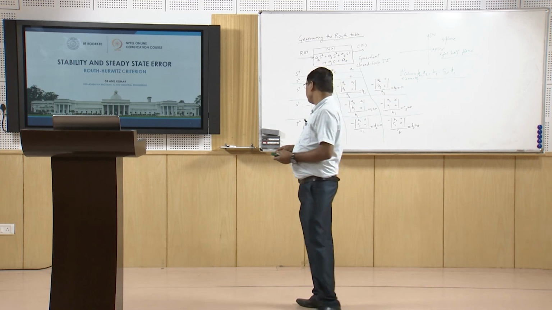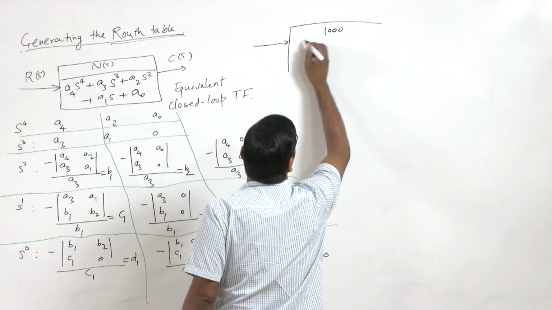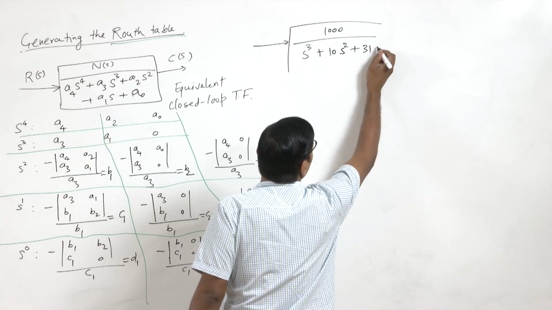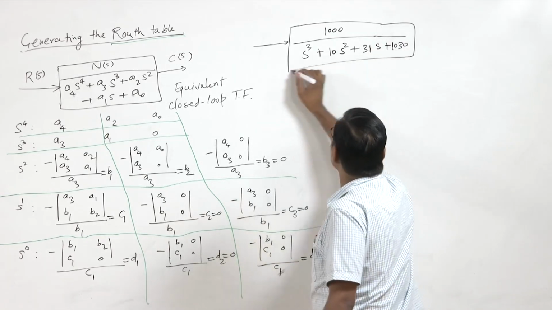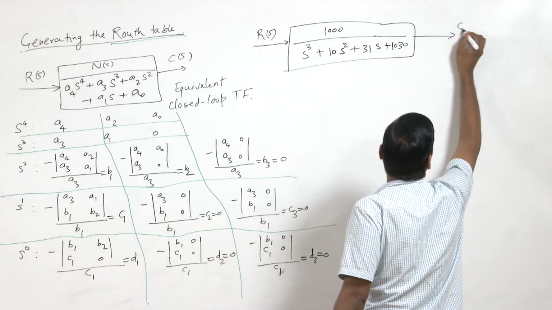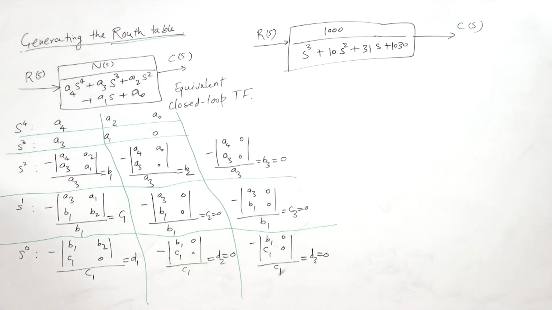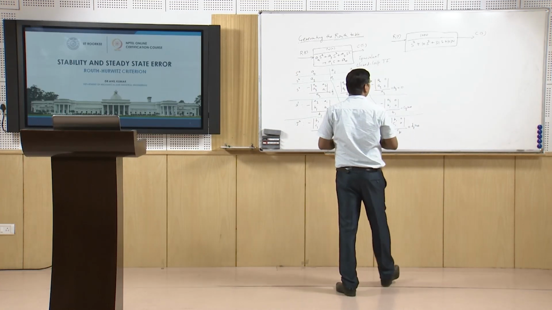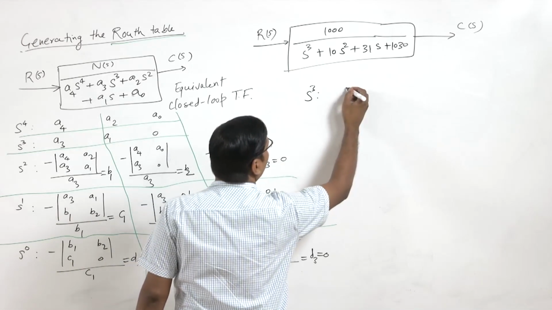So let's take one example. We have this equivalent closed loop transfer function. Now we have to generate this Routh table. The highest power is s cube and the coefficient is 1.